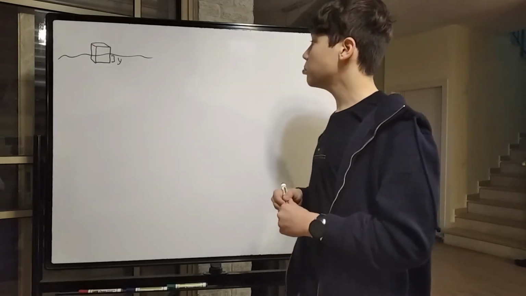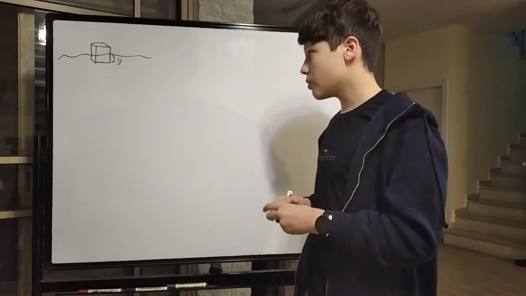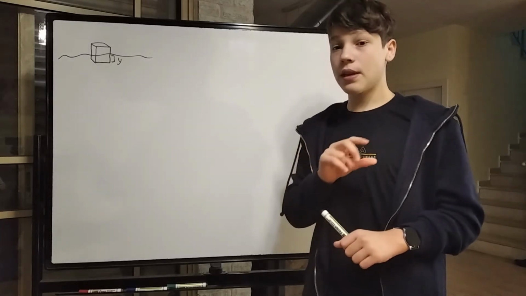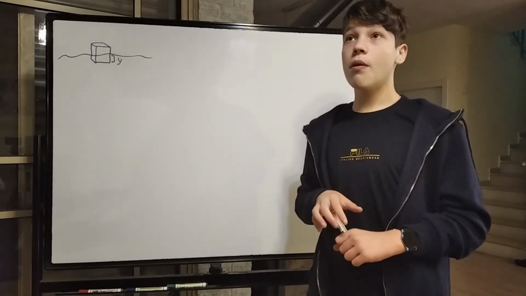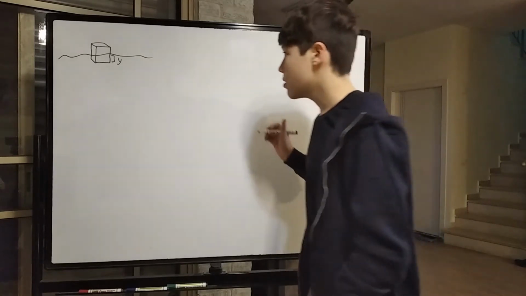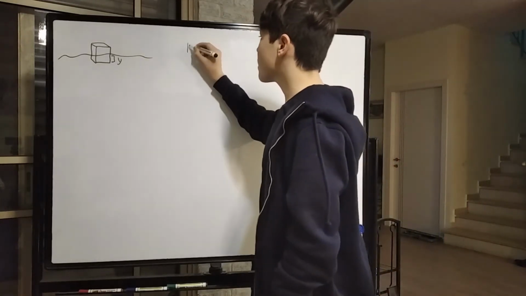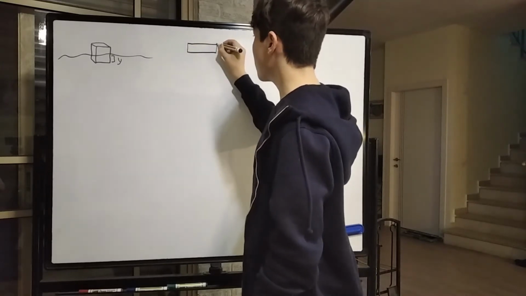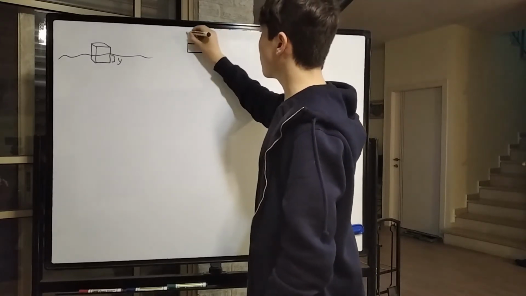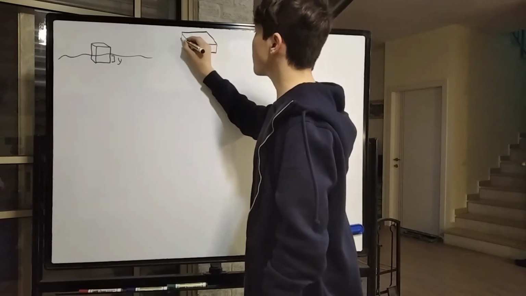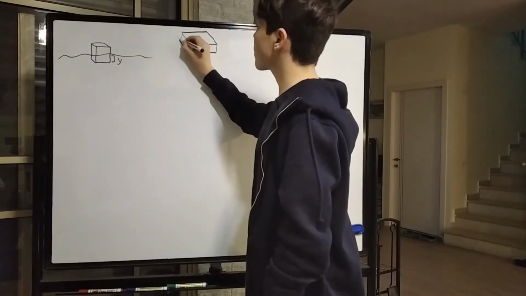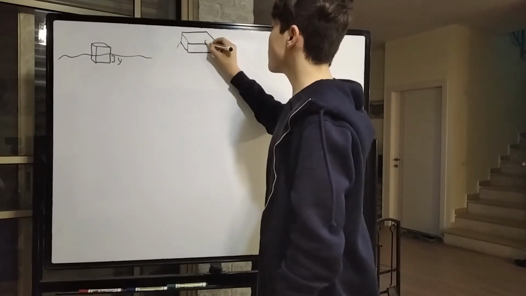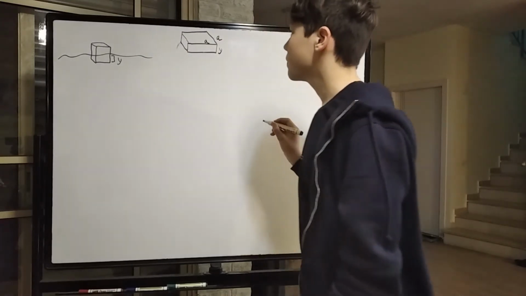Okay, so here's what we're gonna do. We're gonna look specifically at the part that is inside the water and the part that is outside the water. So the part that is inside the water, we know it's something like this. When this is y, this is a, and this is a.